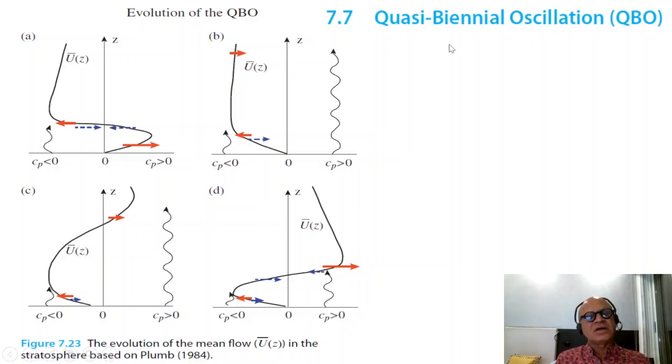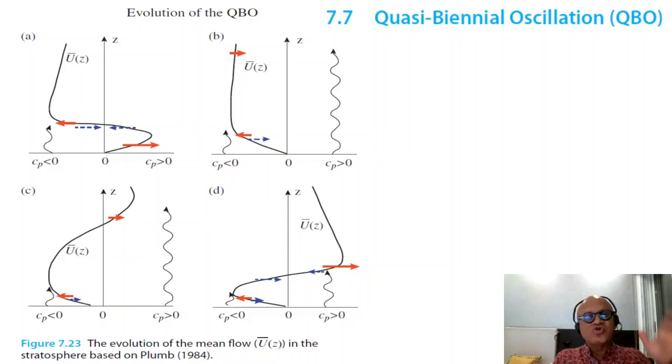Quasi-biennial means approximately 2-year time scale, and these are the processes of wave mean flow interaction involved in the zonal and vertical direction. So this is an example of how the wave kinematics and the interactions with the basic flow are going to actually be useful for interpreting the actual dynamics in the full system.